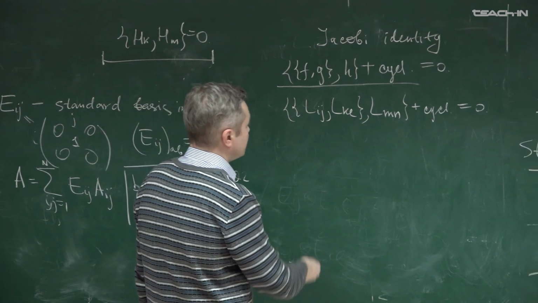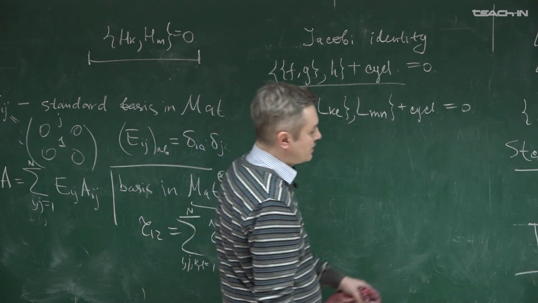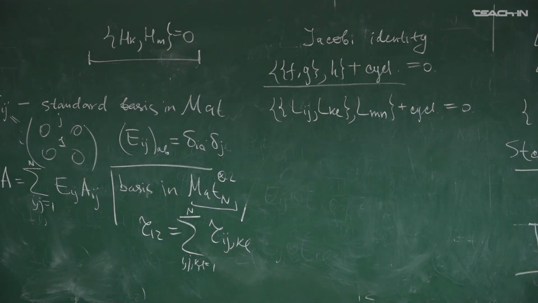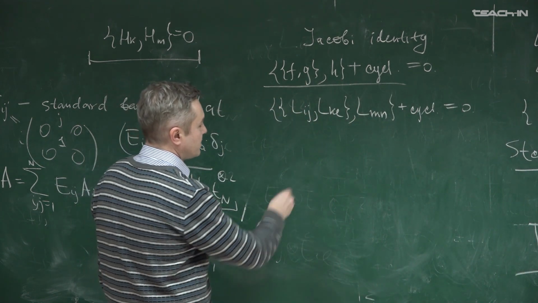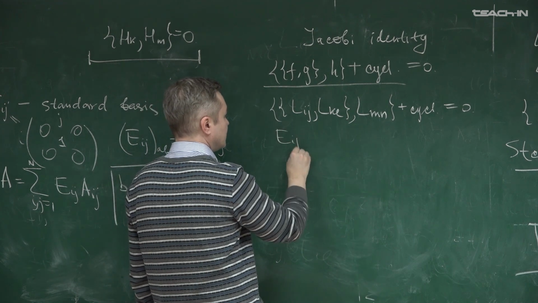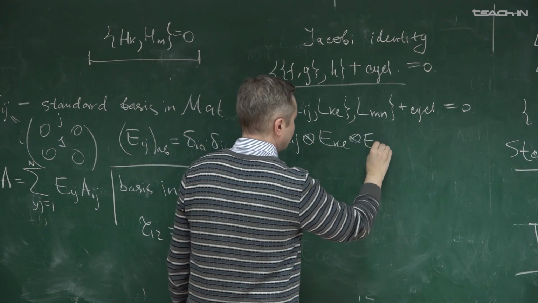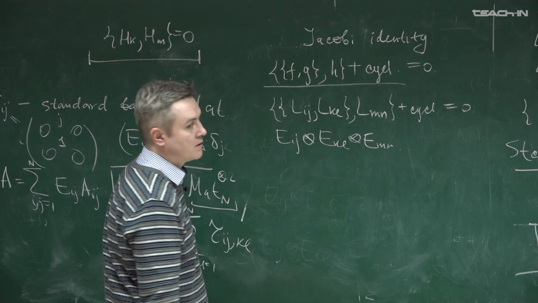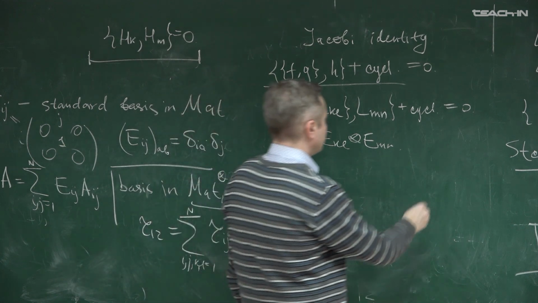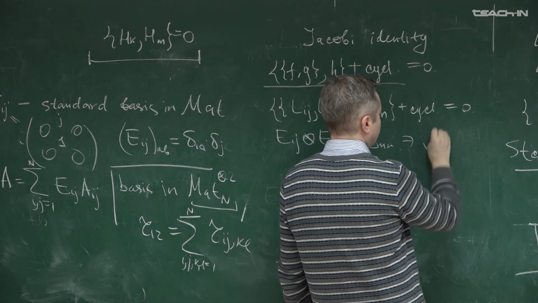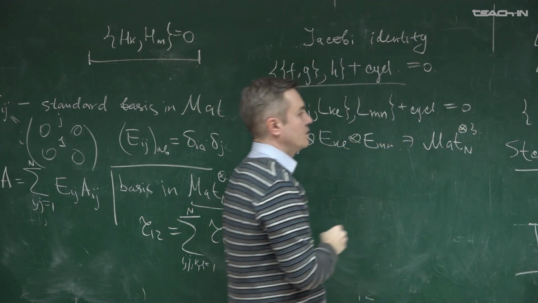The easiest way to see it is to use our notations. But now we have three matrix elements of L. We had two of them before, but now we have three. So it is natural to multiply this equation by Eij times Ekl times Emn. Now we deal with an object which is an element of the tensor cube.